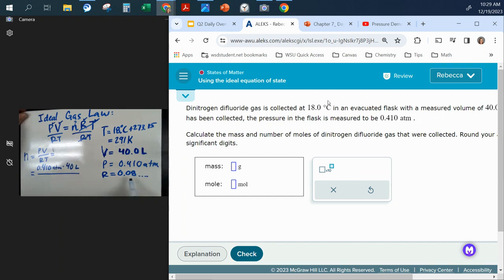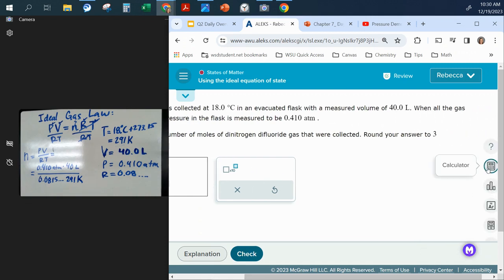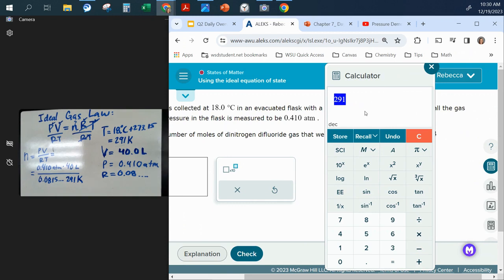So R is the gas constant. I'm going to find that in Alex. It's like something like this, 0.08 something something something. Okay, R, and then T is 291. Okay, so let's find our calculator. Okay, the other thing I want to do is keep track of my units.